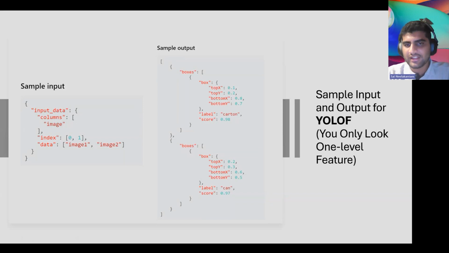So in this sample output, you can see 0.98, which means around 98% the model is sure that it is a carton, and the second one is it is 97% sure that it is a can. So this is a basic input and output from the model.